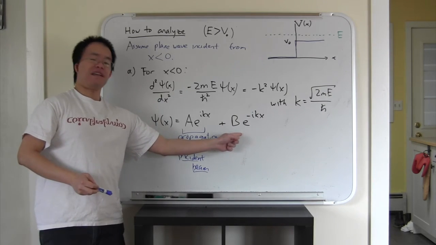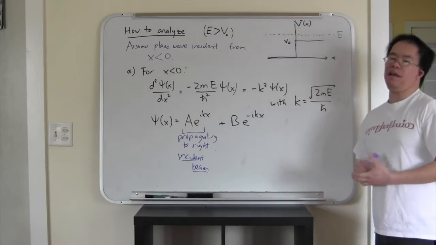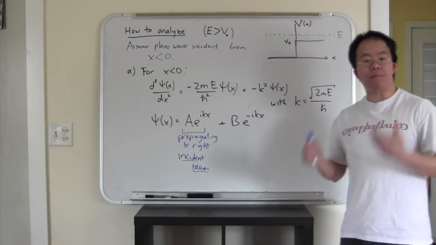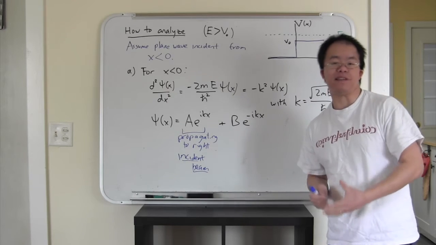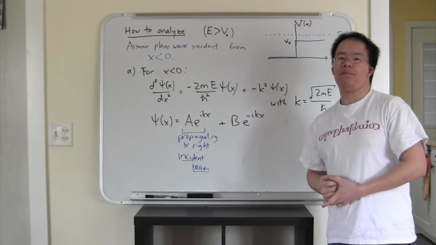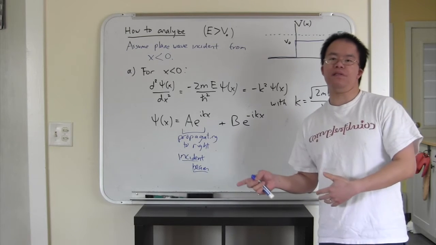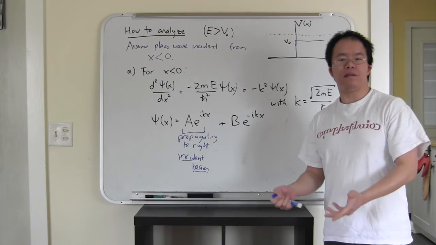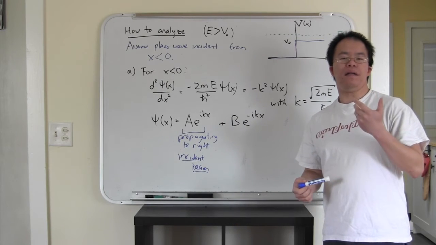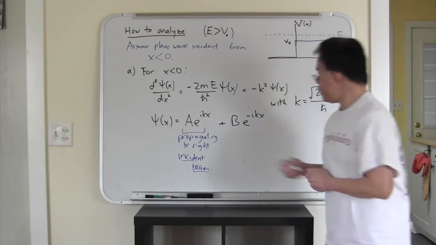Similarly, this second term here goes like e to the minus ikx. This is going to represent a plane wave that's going to the left in the minus x direction. Perhaps the easiest way to think about that, again, if you tack on the time dependence, you're going to have something that goes like e to the minus ikx minus i omega t, and that will be a waveform that's going to the left.